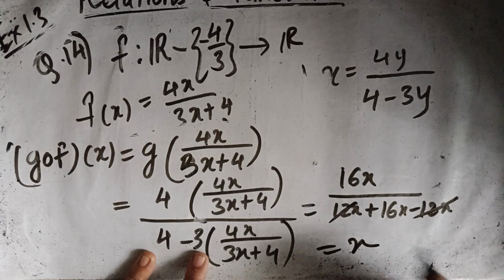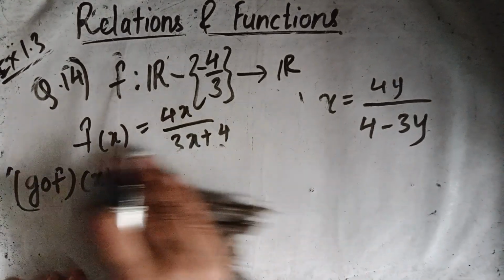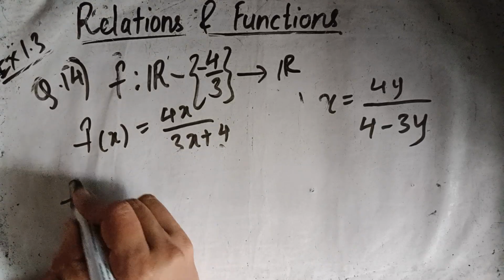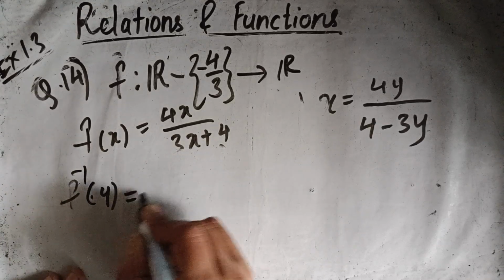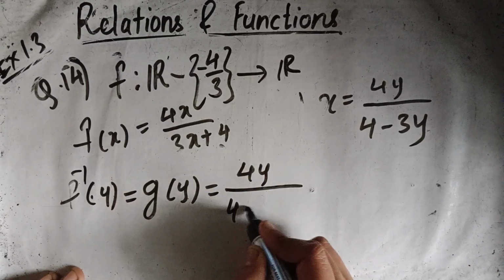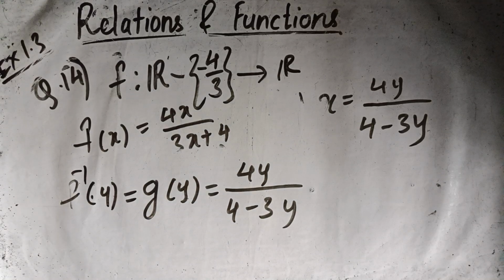So here also x. So both are equal to identity. So we can say that f is invertible, and the inverse, f inverse of y, that is G of y, is 4y upon 4 minus 3y. So the answer is B.